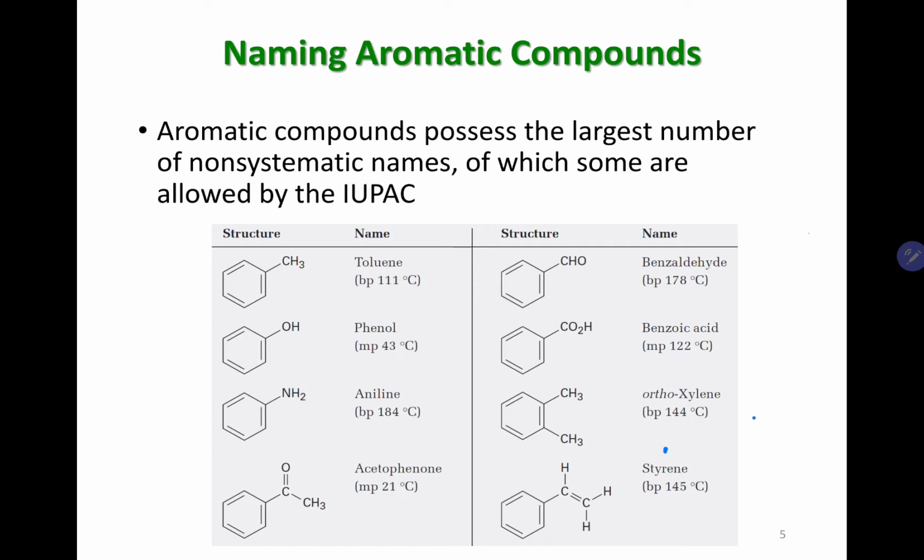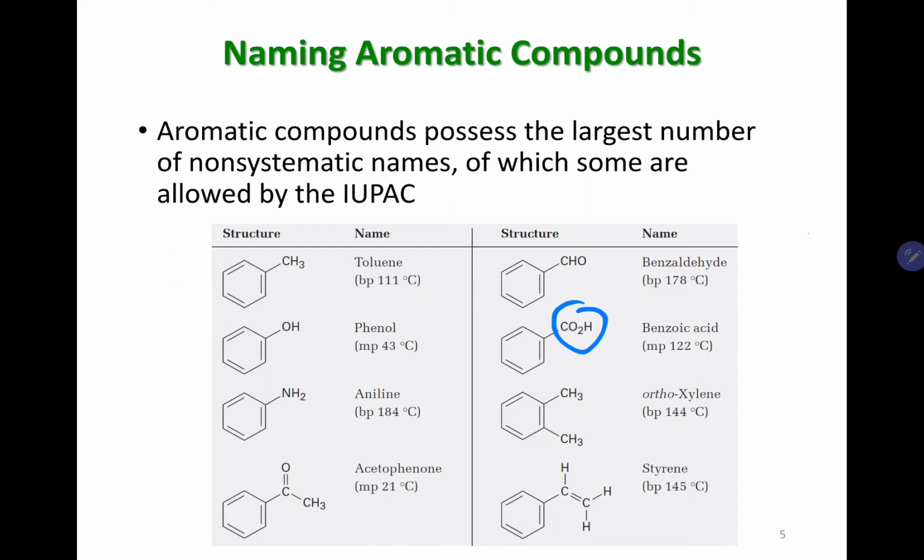If you have an acetyl group directly attached to benzene, we call it acetophenone. If you have an aldehyde group directly attached to benzene, we call it benzaldehyde. If you have a carboxylic acid group directly attached, we call it benzoic acid.